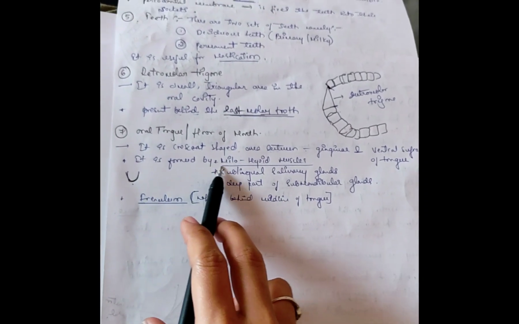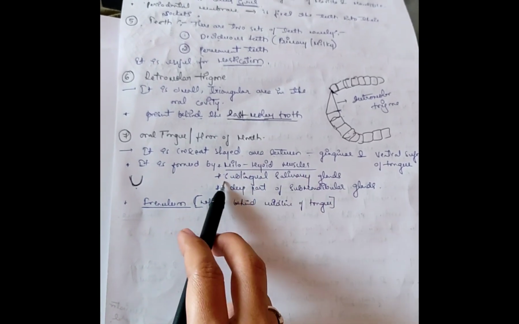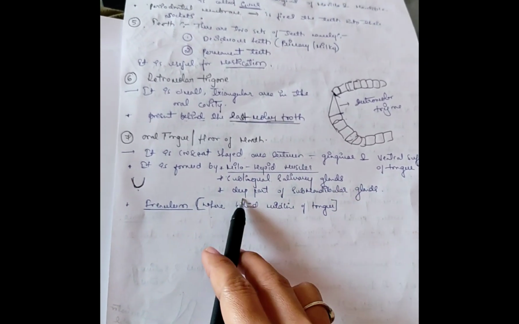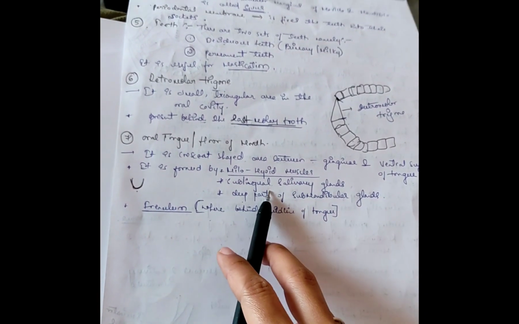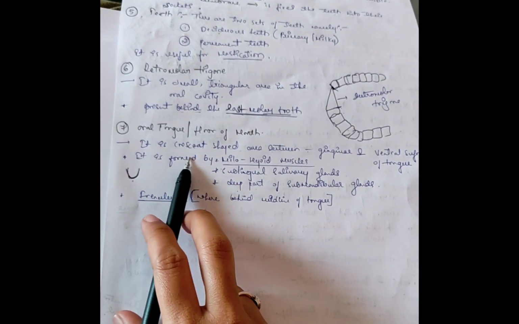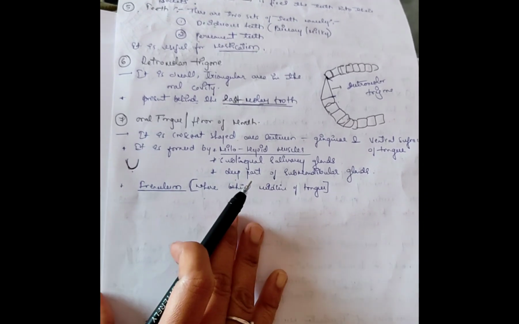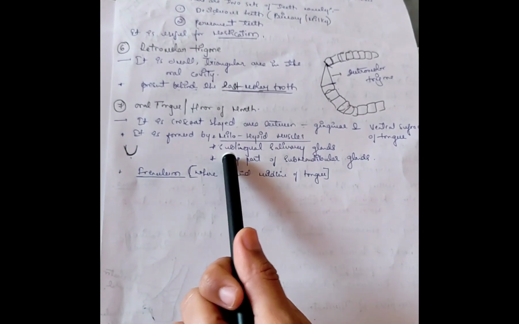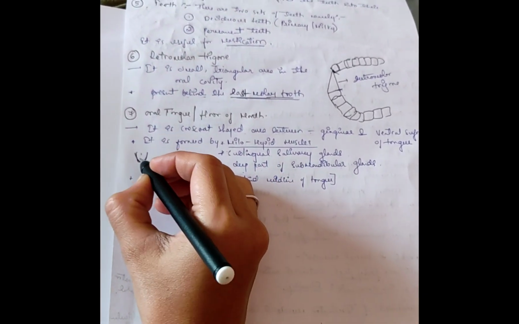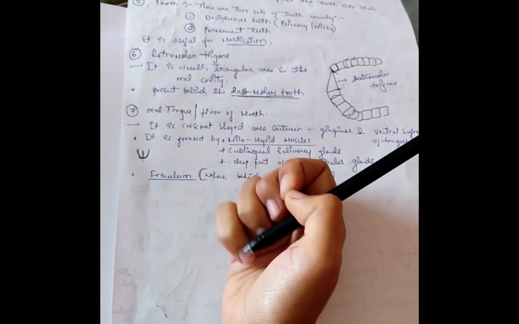It is formed by the mylohyoid muscle, sublingual salivary glands, and the deep part of the submandibular glands. Frenulum means behind the tongue there is a midline fold, which is called the frenulum.